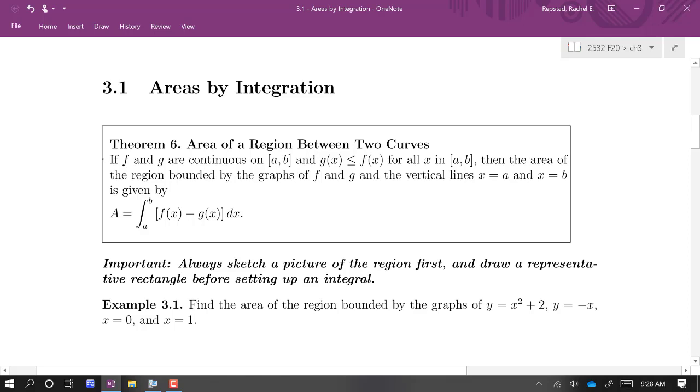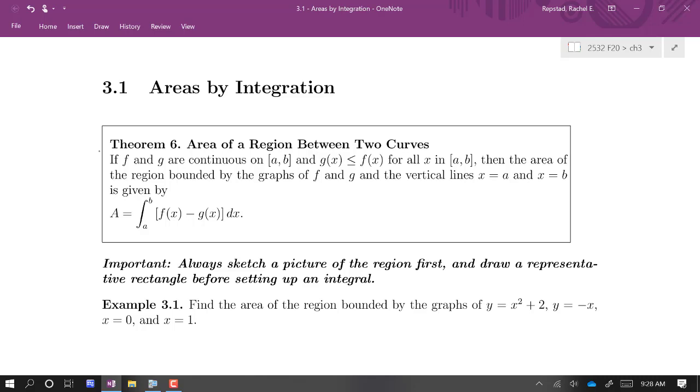This says if f and g are continuous on the interval from a to b, and g of x is less than or equal to f of x on the whole interval, so basically when we graph it, one function is always on top of the other, then the area of the region bounded by the graphs of f and g and the vertical lines x equals a and x equals b is given by this integral formula. We just integrate the difference, f of x minus g of x, from a to b.